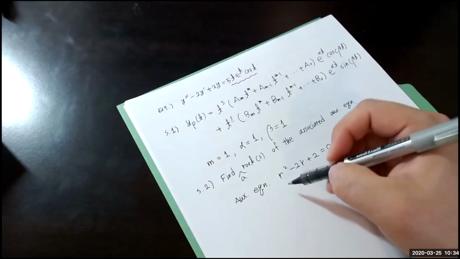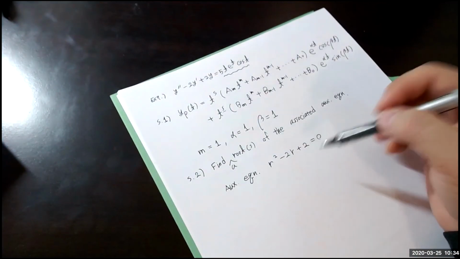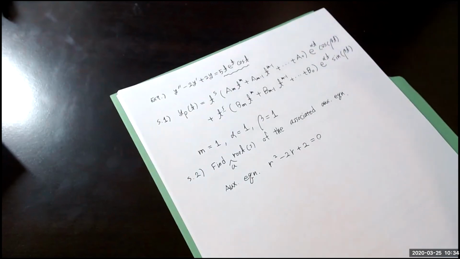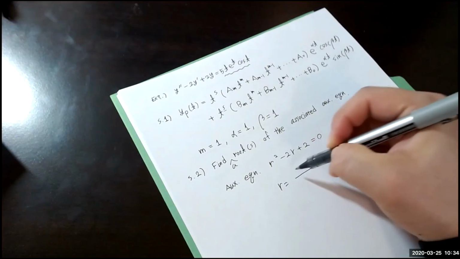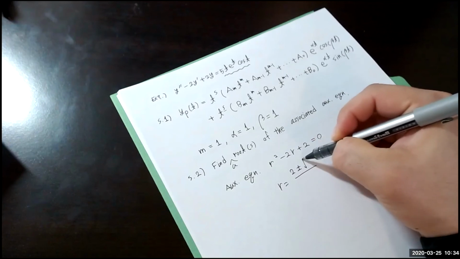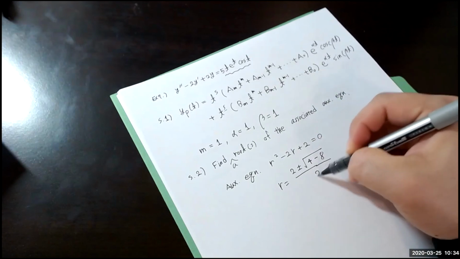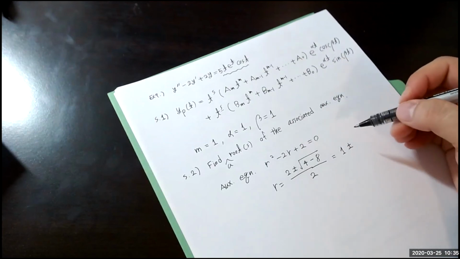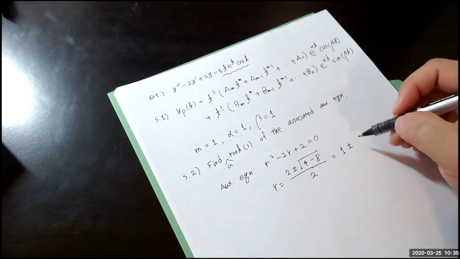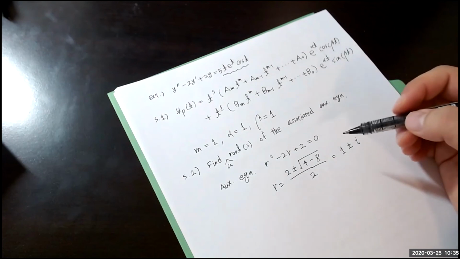To solve that quadratic equation, we have to use the quadratic formula. So r is going to be 2 plus or minus the square root of b squared minus 4ac, divided by 2, which is 1 plus or minus i. 1 plus or minus i right there.